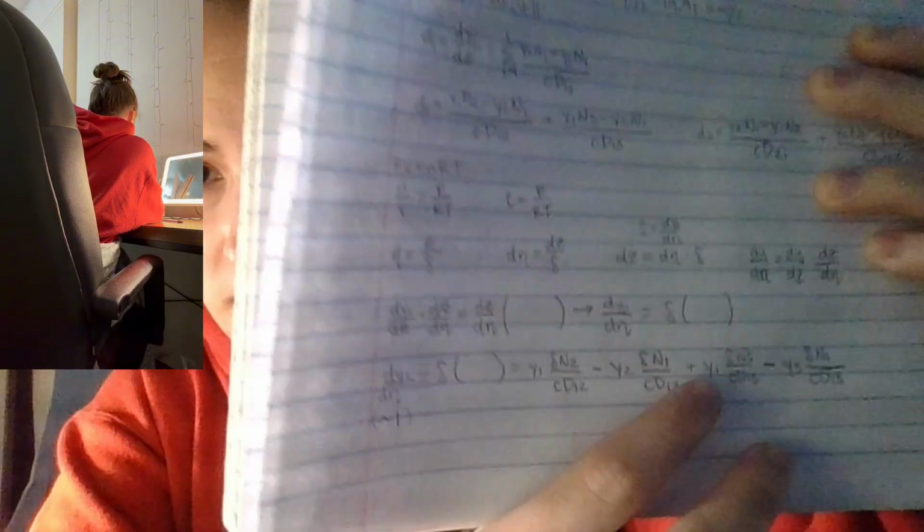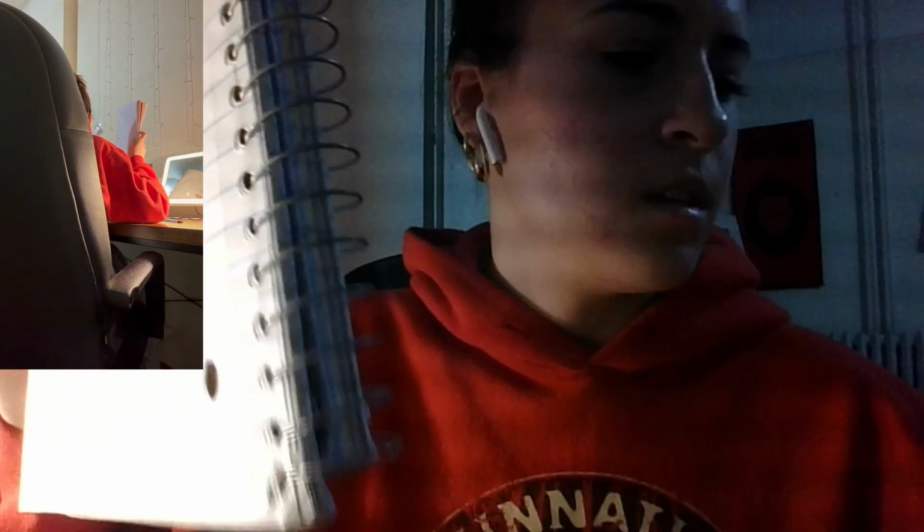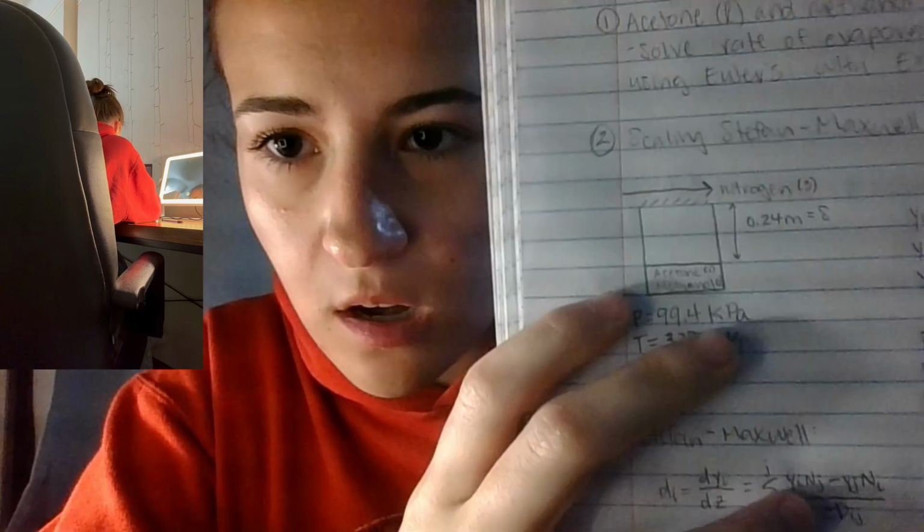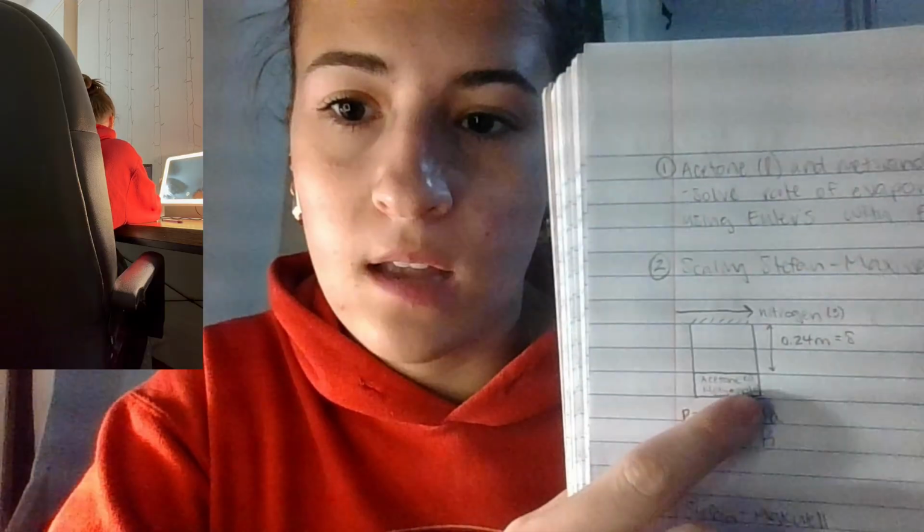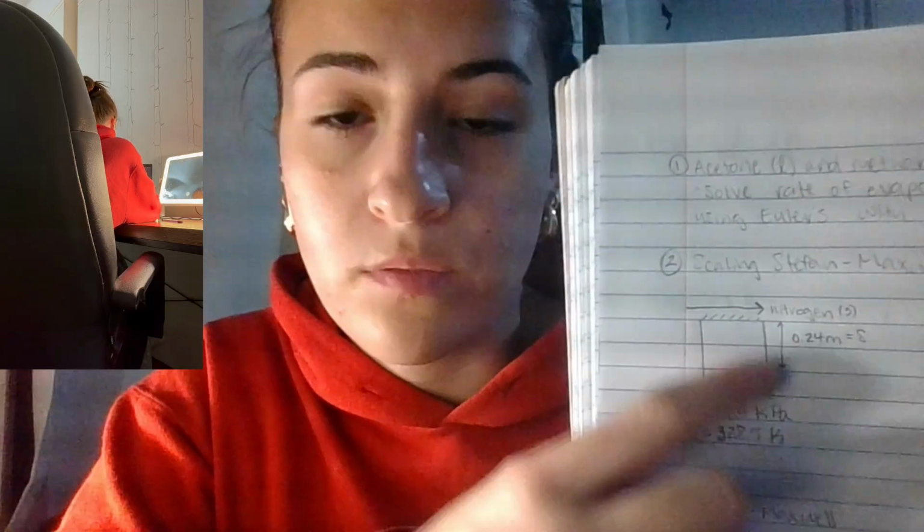And then another term that we can look at, that we can simplify, is that third term over here. So I've just put that that's around equal to 1. And then here, see this N3, the flux of 3. That's saying that the flux of our nitrogen, if you'll recall from this example before, we had the acetone and methanol will diffuse upwards, but that nitrogen cannot diffuse downwards because it has nowhere to go.